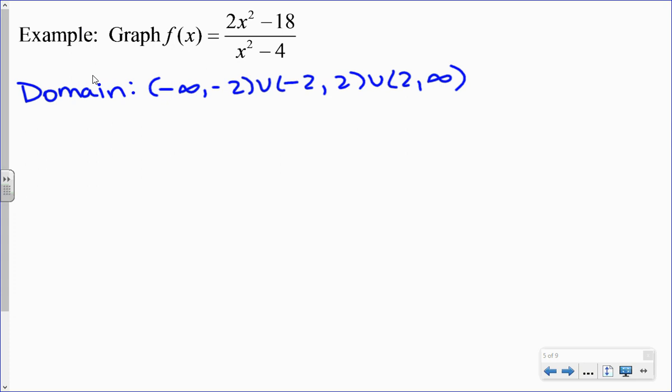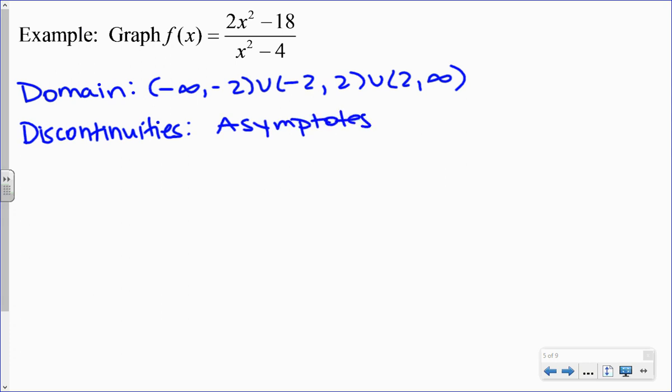So when we talk about discontinuities, we have asymptotes at x equals 2 and x equals -2. Okay.